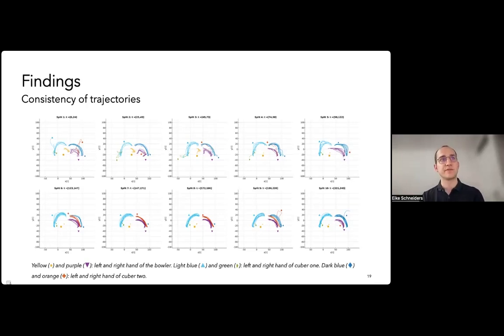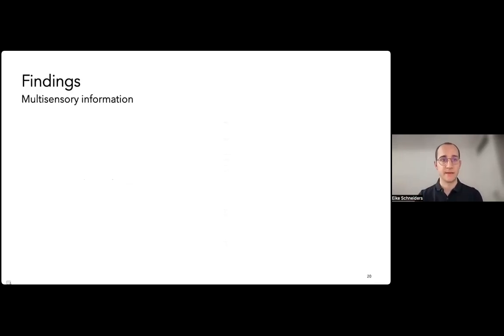It's slightly more so for the light blue, but it is still reasonably consistent. And this indicates that not just the position and the timing synchronize, as argued before, but also the individual trajectories leading to this collaborative effort.